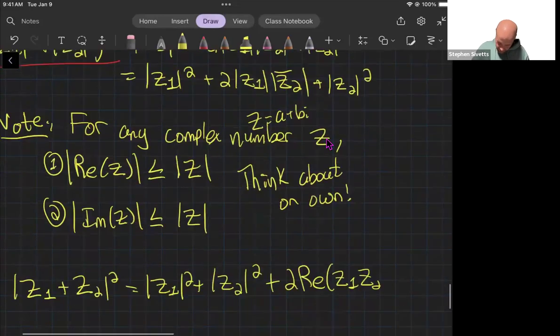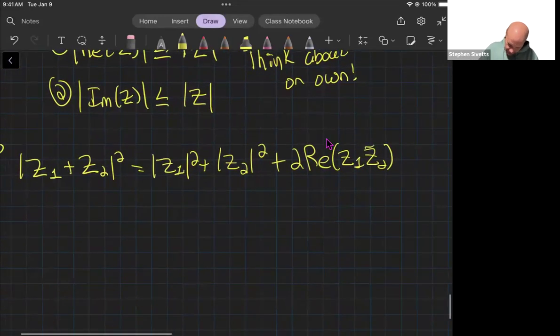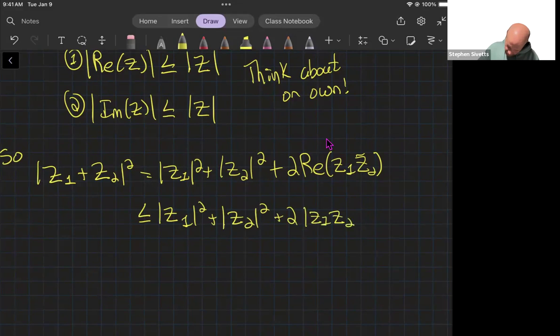Sorry about that, so that should be a plus. And this here is less than or equal to the length of Z1 squared plus the modulus of Z2 squared plus 2 times the modulus of Z1 times Z2 conjugate.